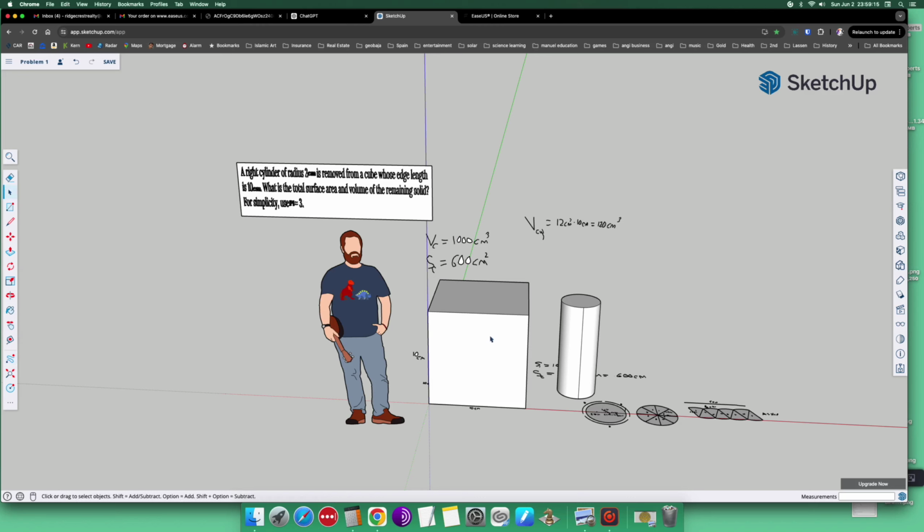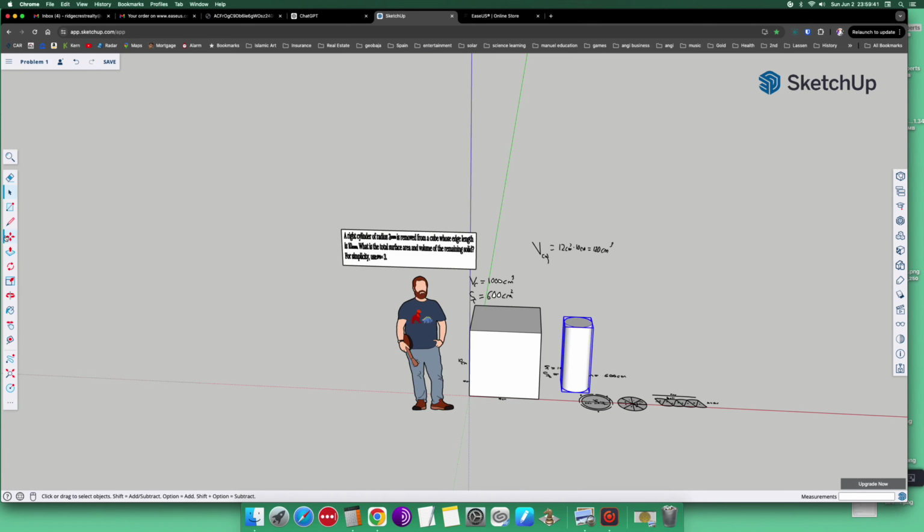So I could go here. Remember, this thing went up 10 centimeters, right? So let me get rid of that. Oops. Don't want to do that. Okay. And then I'm going to make it a group, so it kind of makes it into a single object.